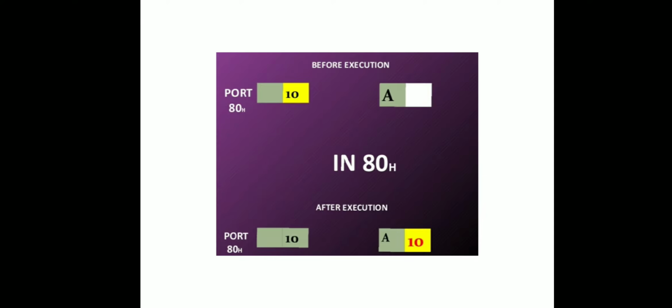This is the example, IN 80. Before the instruction, the data is present at port 80 and the accumulator is empty, and after the execution of this instruction, the data is copied to the accumulator.